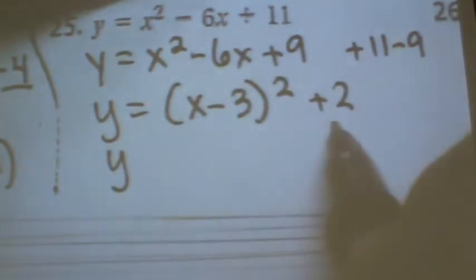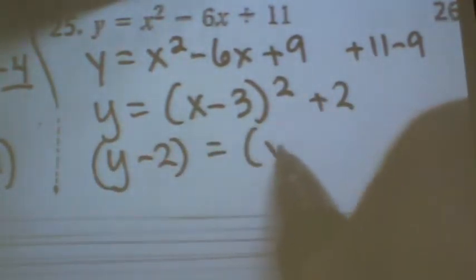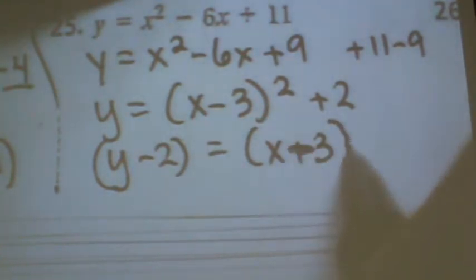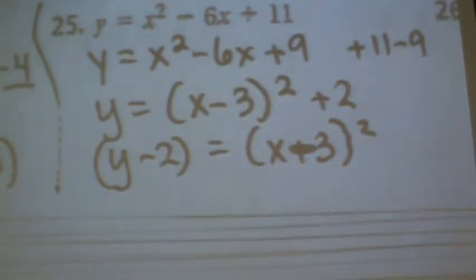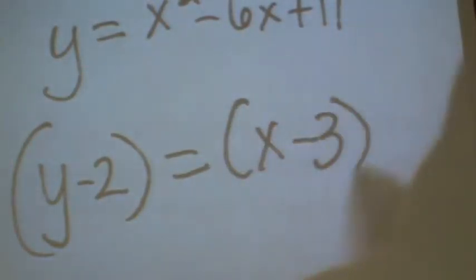And now you may write it like this. Whoops, x minus 3 squared. I shouldn't use pen, but my pencils are all gone. So what you have here is y minus 2 equals x minus 3 quantity squared.